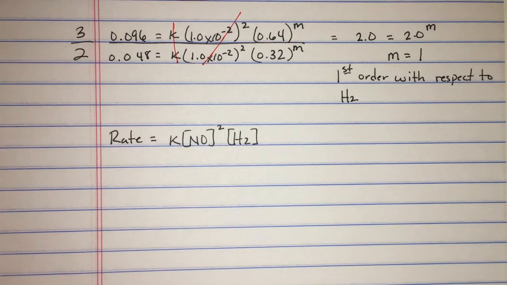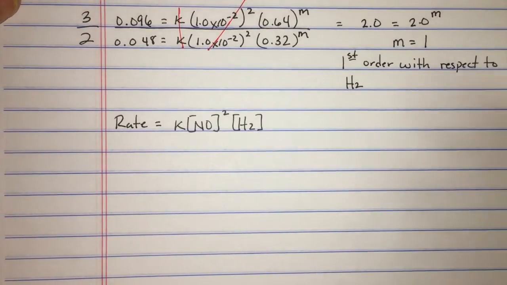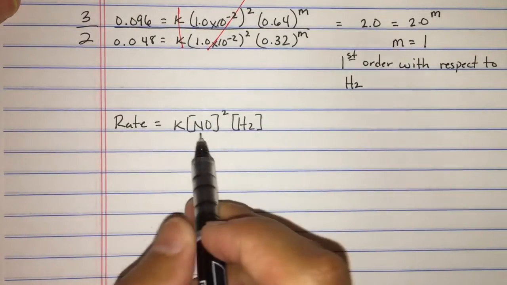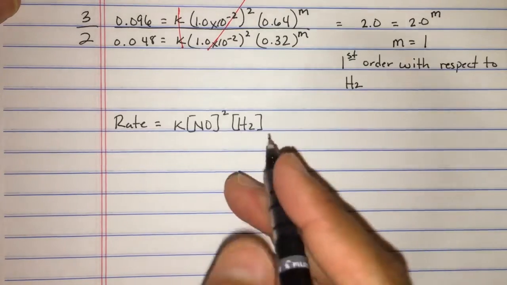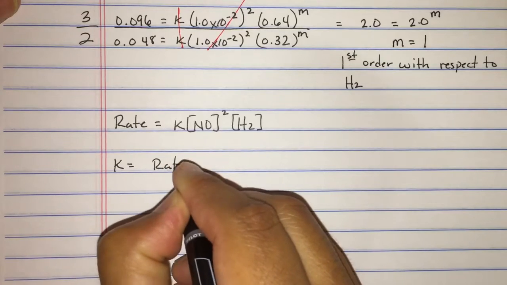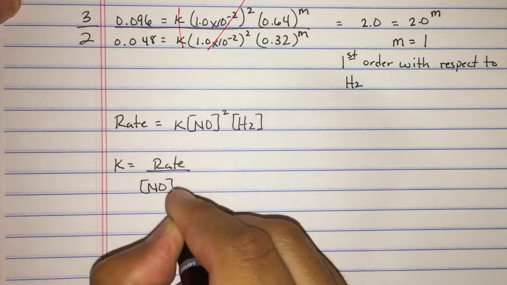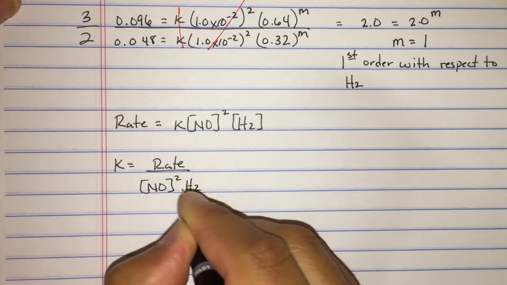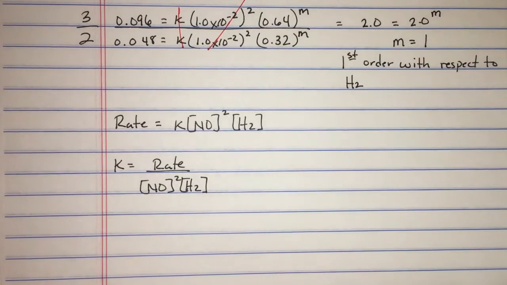Okay, let's solve for K. Let's solve for the rate constant. So if we divide both sides by the concentrations, these terms right here, we can solve for K. Again, the rate constant is a constant no matter which experiment you use.